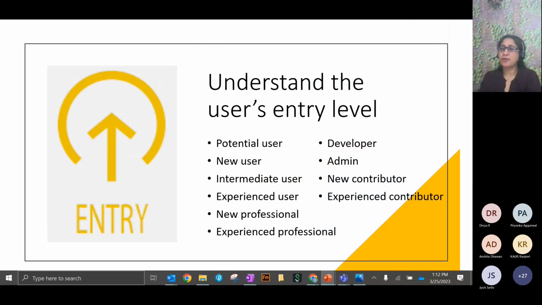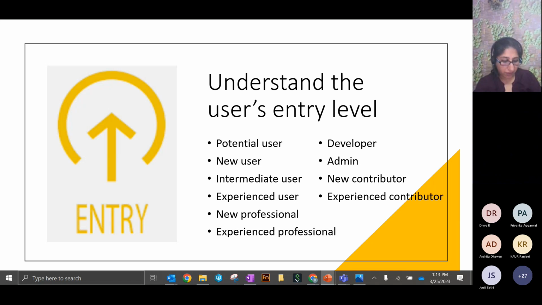Well, we can start by asking what is the entry level of the user? Is he a potential user, somebody who's exploring the product? Is he a new user, somebody who's getting started with the product? Is he an intermediate user, someone who has used the product before and probably is expecting a newer feature?